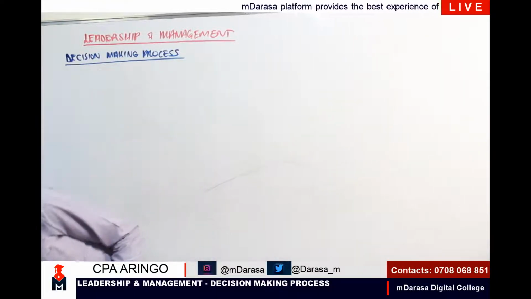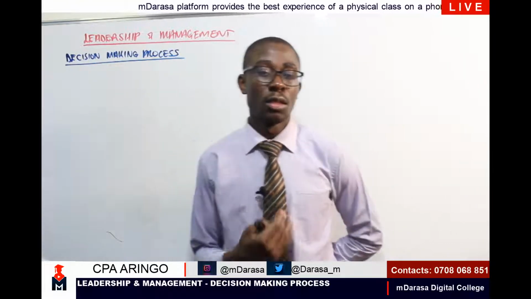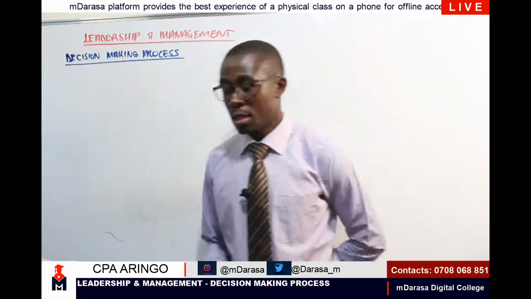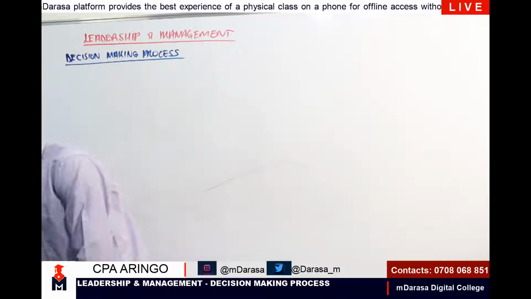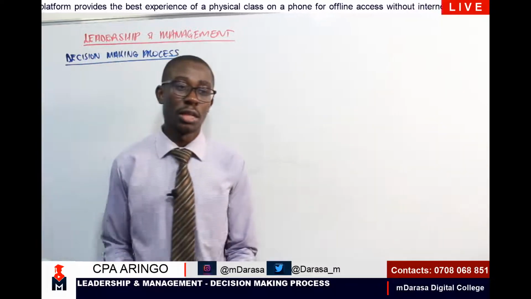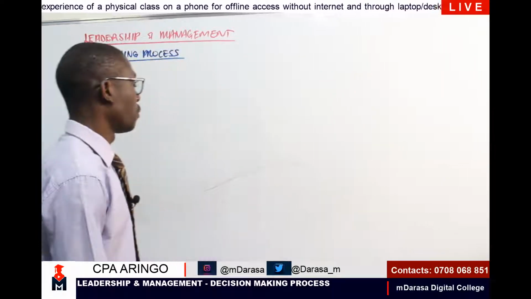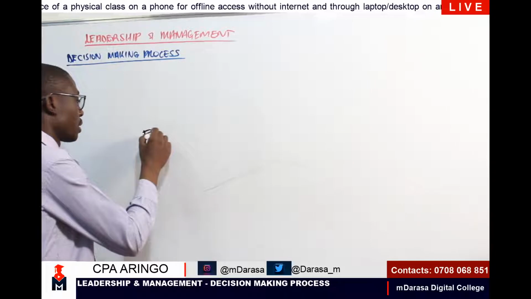So my good students, anytime you're talking about the decision-making process, take it on your own case. You want to go and purchase a particular item. Say, for example, you want to purchase a very nice vehicle, maybe you want to evolve to an EV.